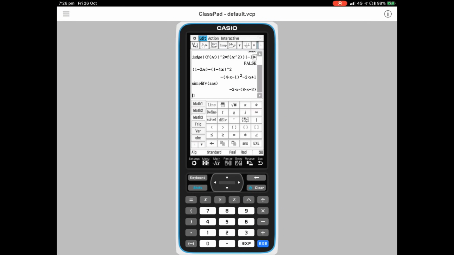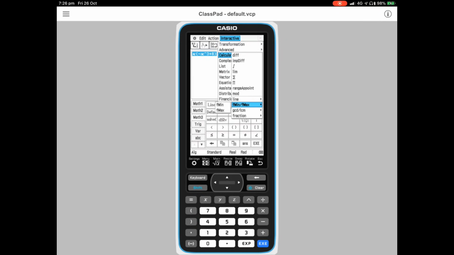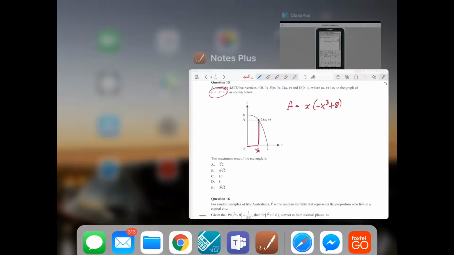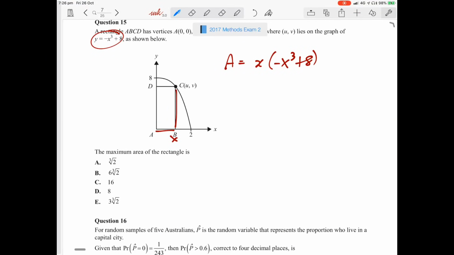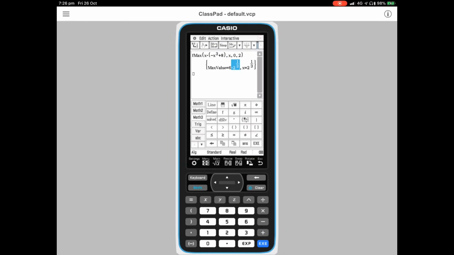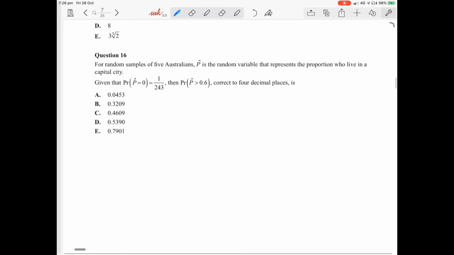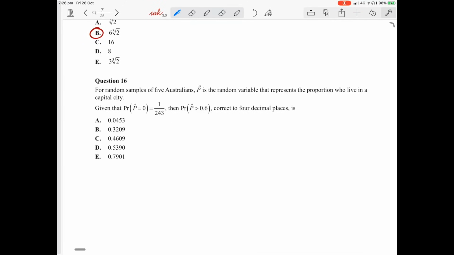Okay, so x times negative x cubed plus 8. Calculate f max between 0 and 2. Okay, what did it want? The maximum area. So the area is this one, 6 cube root 2, which is B. Nice and easy when you have a CAS and you know how to use it.